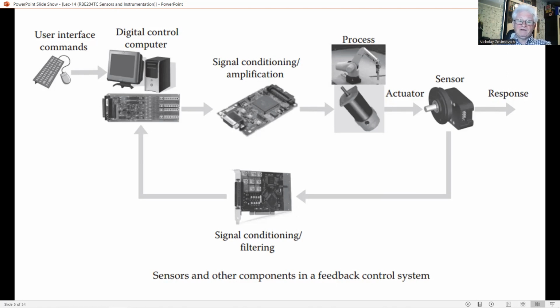Specifically, in a feedback control system, the control signals are generated based on the sensed response signal of the plant. Sensors and other main components in a feedback control system are schematically shown in this figure.